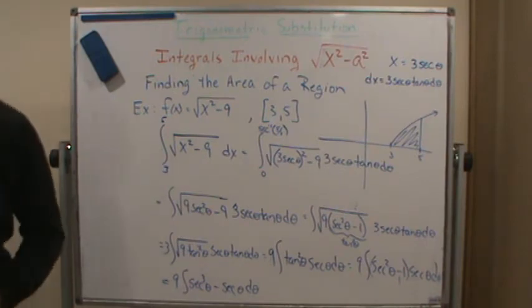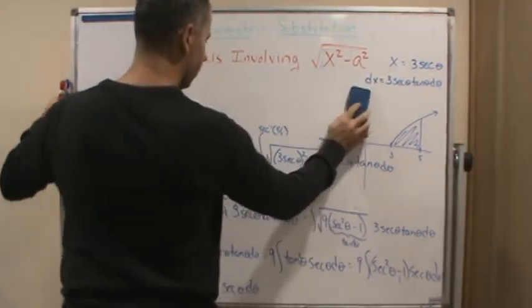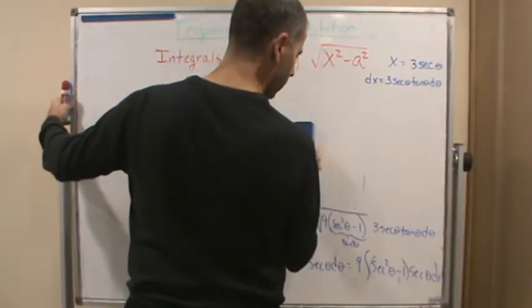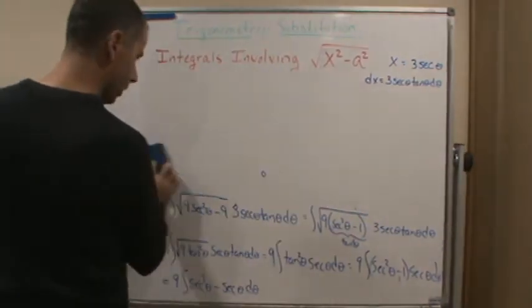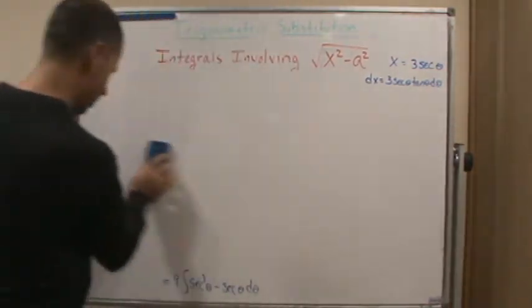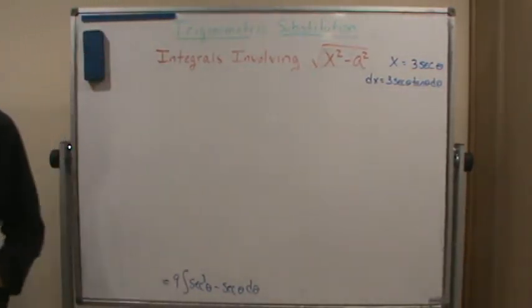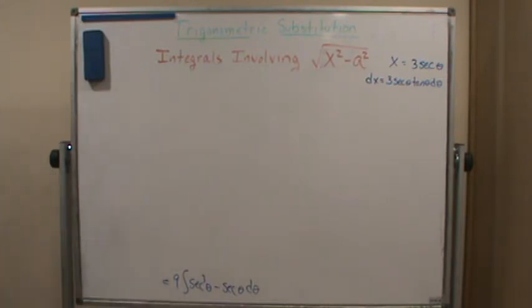Okay, so now let's give us some more room. I'm going to erase this. Okay, so this is where we're at, and now we've got to integrate this. Again, you should remember how to integrate this, so you've got to be careful.